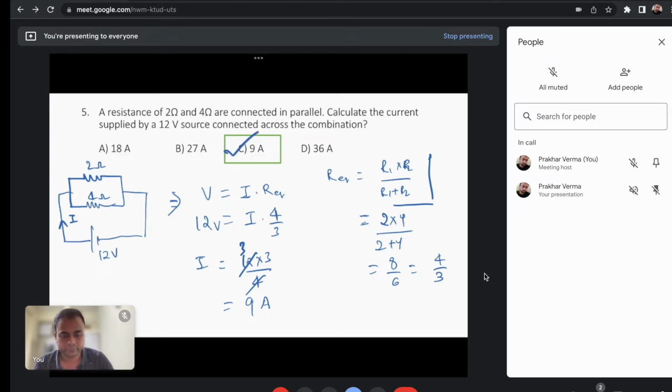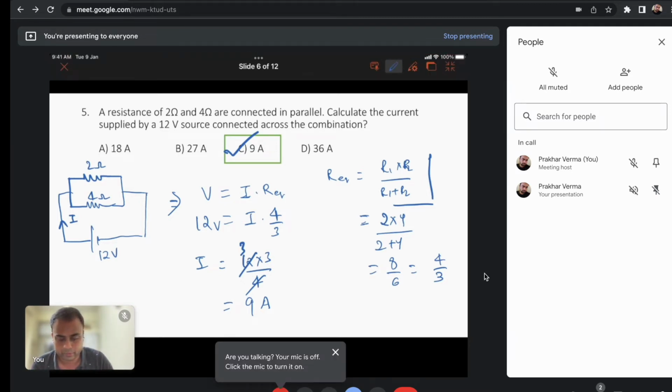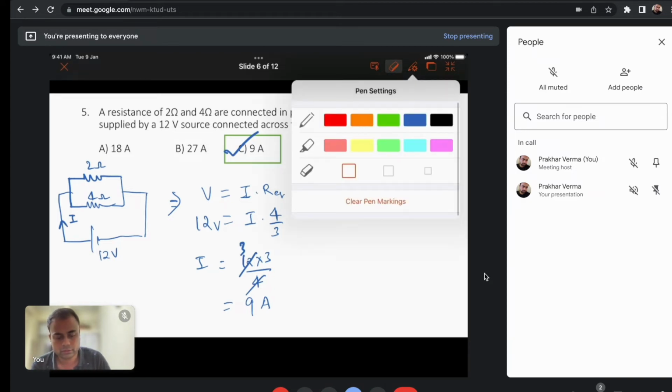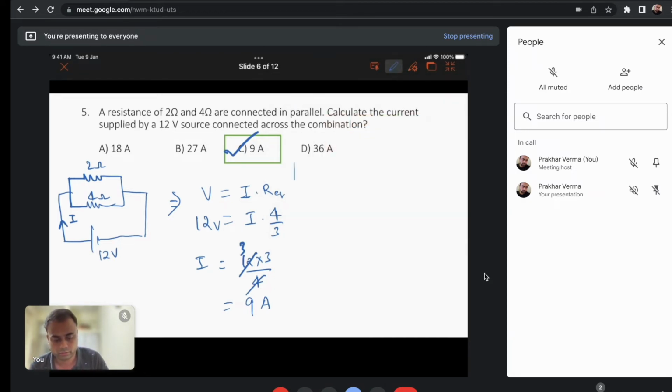So just for clearing all other doubts, some problems related to this can be, we may have to find the current from each resistor. So I'll just put the shortcut formulas here. Suppose we have to calculate current I1 or I2.